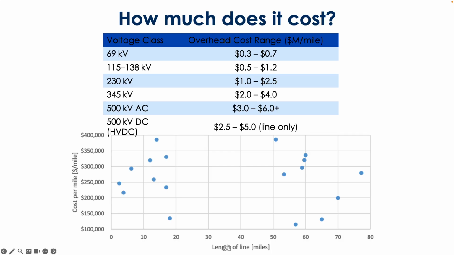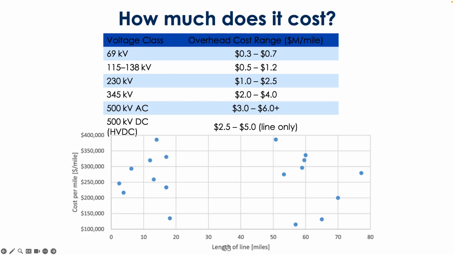So how much does it actually cost physically to build these things out, right? Obviously there's going to be variation, because it depends on things like the terrain and other local conditions. But generally speaking, this is your range of costs in millions of dollars per mile, okay?